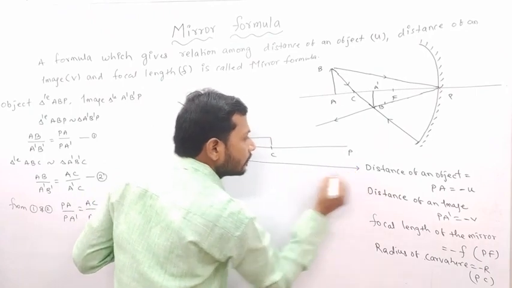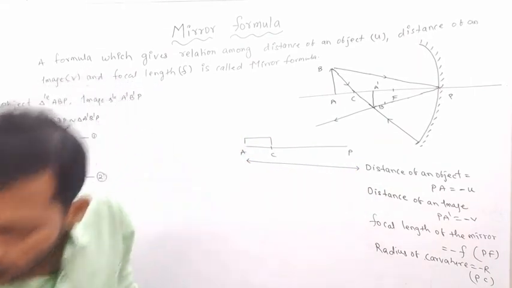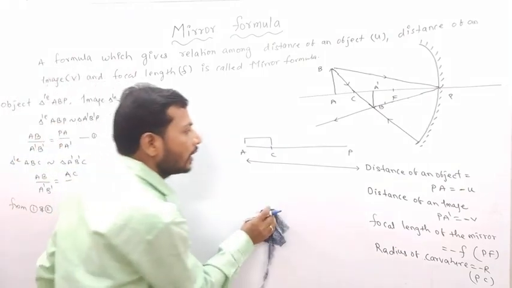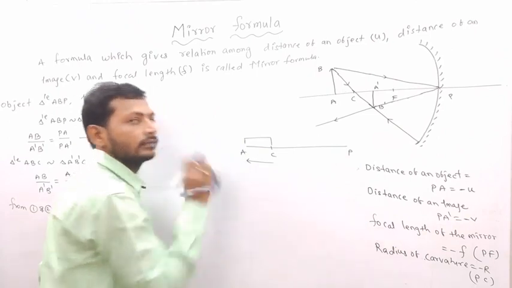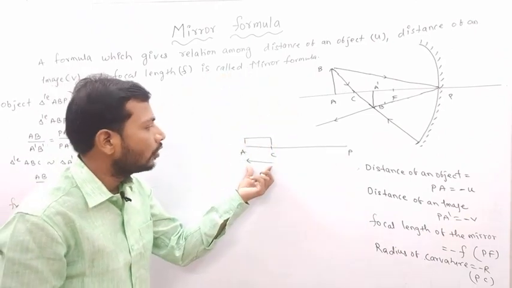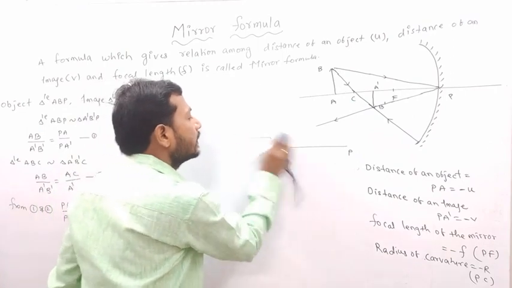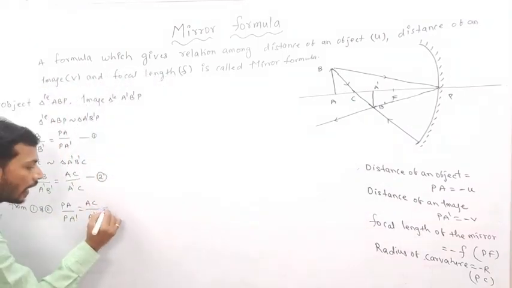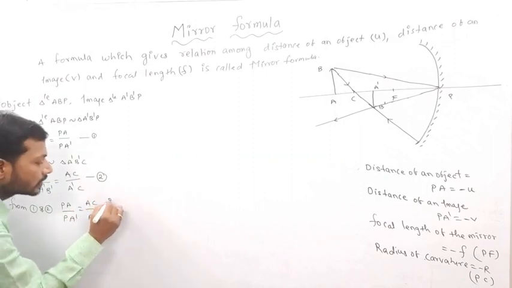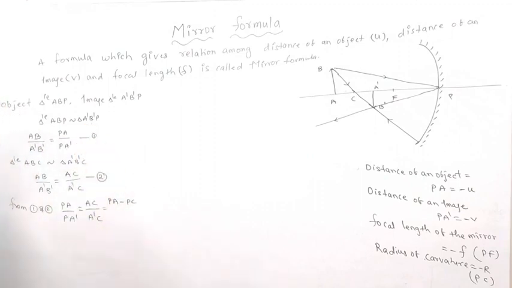Completely I am measuring from A to P, then from P to C I am subtracting. Up to here I subtracted, eliminated. Then you are going to get AC. So in the place of AC, I am writing PA minus PC.